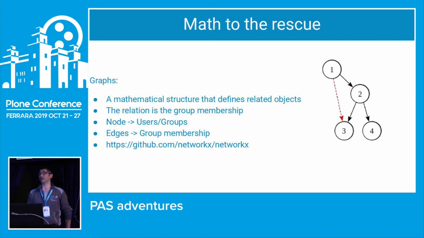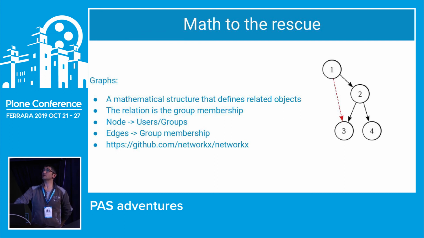Graphs are mathematical entities that, in short, deal with related objects. The relationship now is the group membership. But of course, for example, workflows can also be modeled with graphs. And so our nodes in the graph are users and groups, and the so-called edges of the graph are the group membership.